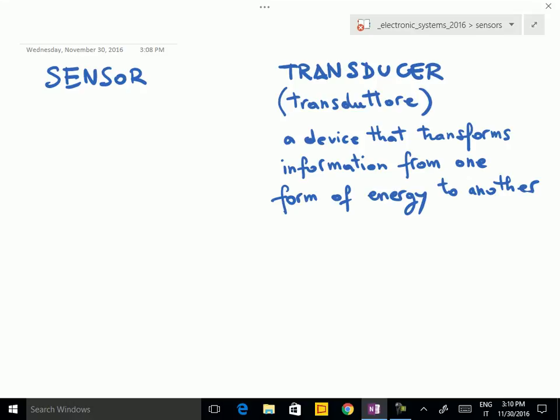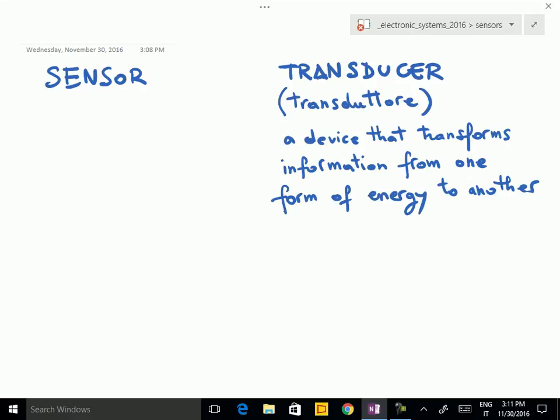For example, what is a transducer? The membrane of a microphone is a transducer because it actually translates information which is in the form of sound waves into information which is in the form of an electrical signal at the terminals of the membrane, or if we go at a lower level, in a deformation of the membrane.